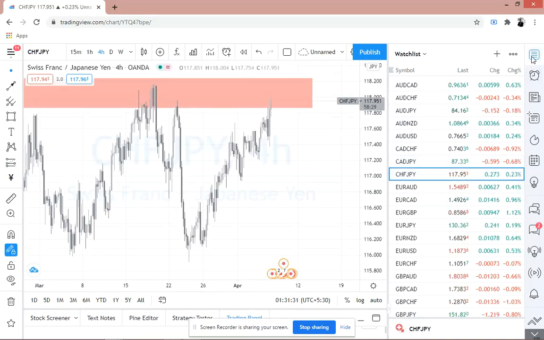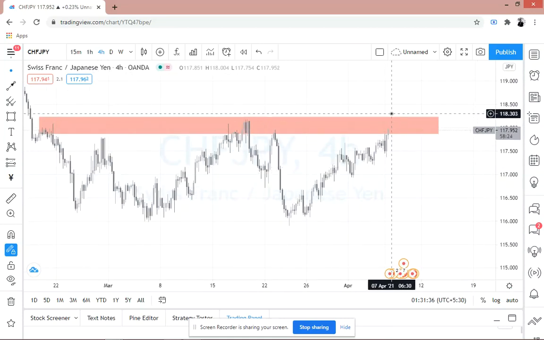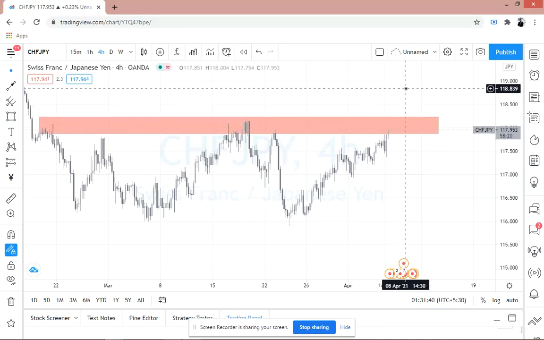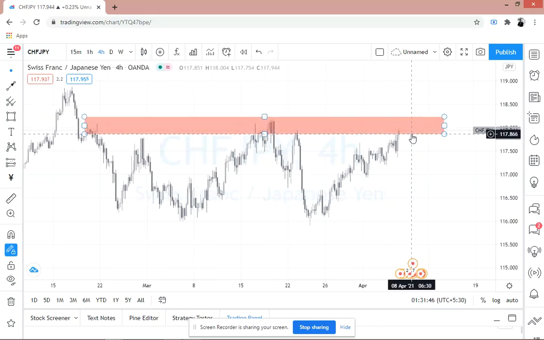So if there's any breakout at this resistance level, start buying. But if there is no breakout, start shorting CHFJPY right away.